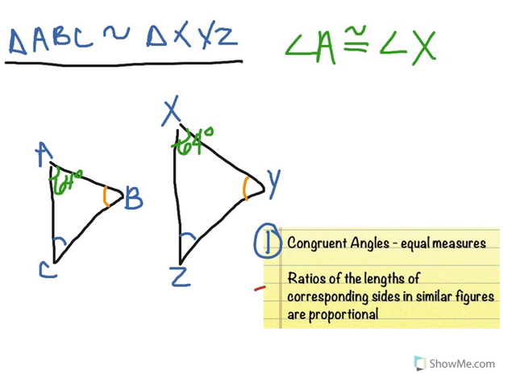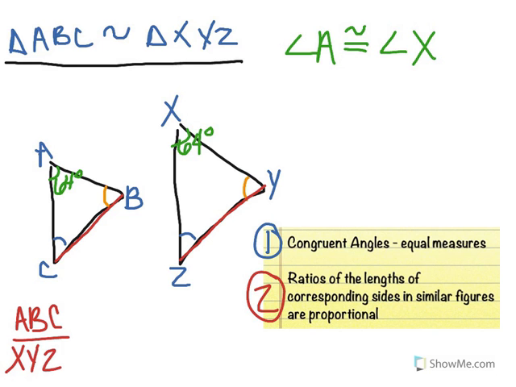Okay, my second condition, the ratios of corresponding sides, those lengths are proportional. So this side, CB, would be proportional to XY. If I'm setting up my proportions to check this, I would do all my ABC on top and all my XYZ on bottom. Then down my ratios, I'm going to write the corresponding sides.